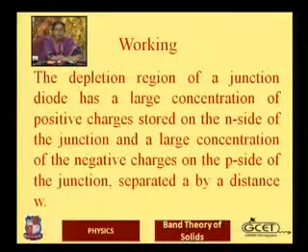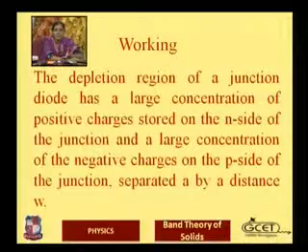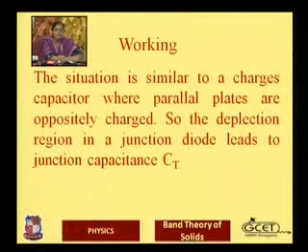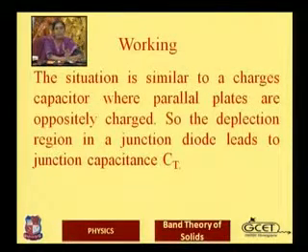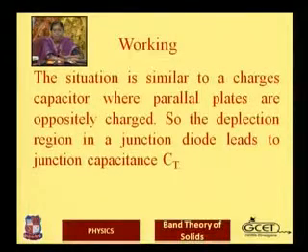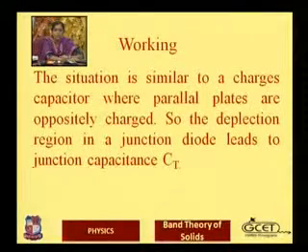Now what are the consequences of this type of large concentrations of positive and negative charges? This situation is similar to a charged capacitor where parallel plates are oppositely charged, means one plate is positively charged and another plate is negatively charged. In between these parallel plates there is a dielectric region, right? And due to this there are capacitive properties for those two parallel plates.